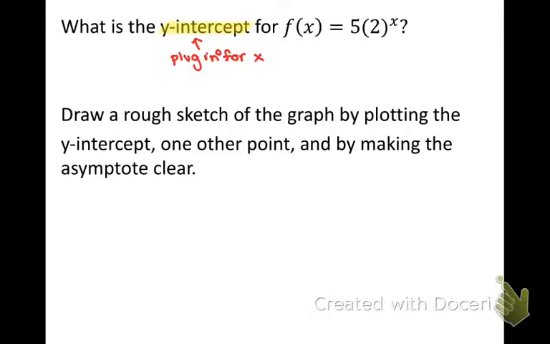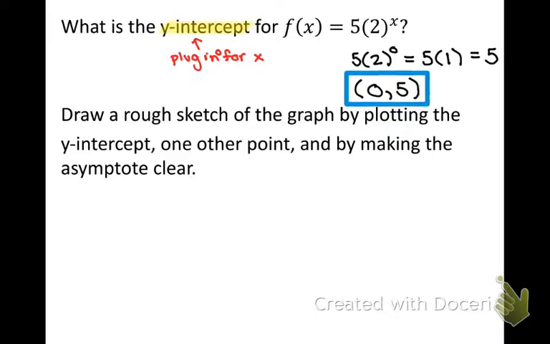So that means we are going to have 5 times 2 to the 0. Follow your order of operations. Exponent first. 2 to the 0 is 1. So this becomes 5 times 1, which is 5. So my y-intercept is the point 0, 5. Be very careful to follow your order of operations on these kinds of problems.